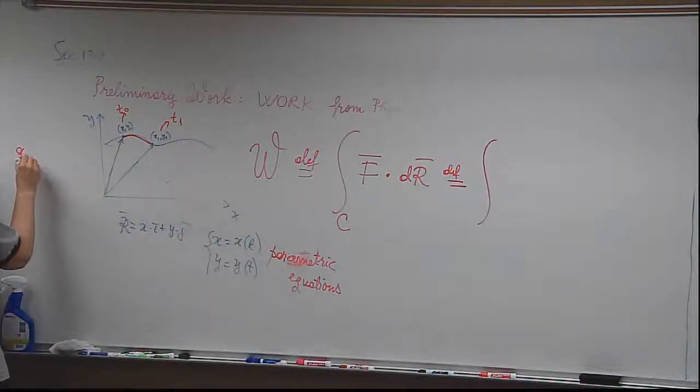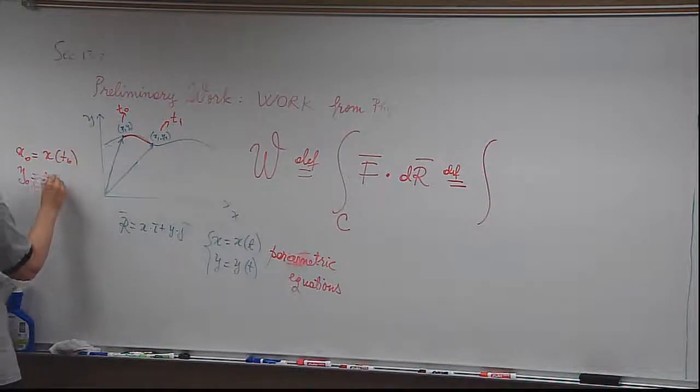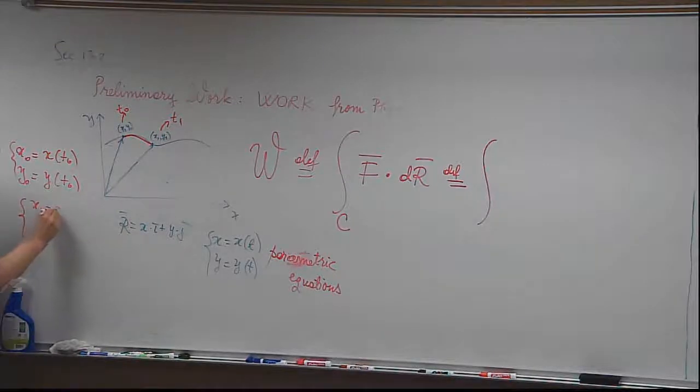That means x0 is x of t0, y0 is y of t0, and at the finish point, I'm at x1, which is x of t1, and y1 equals y of t1.